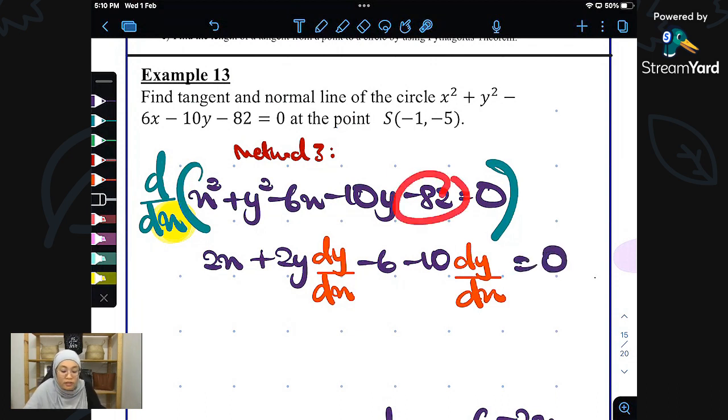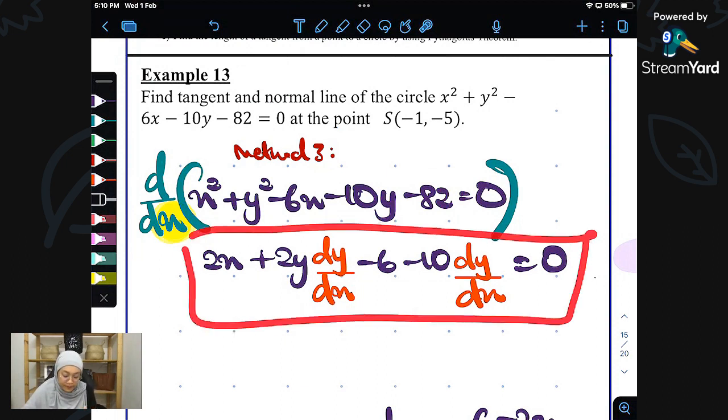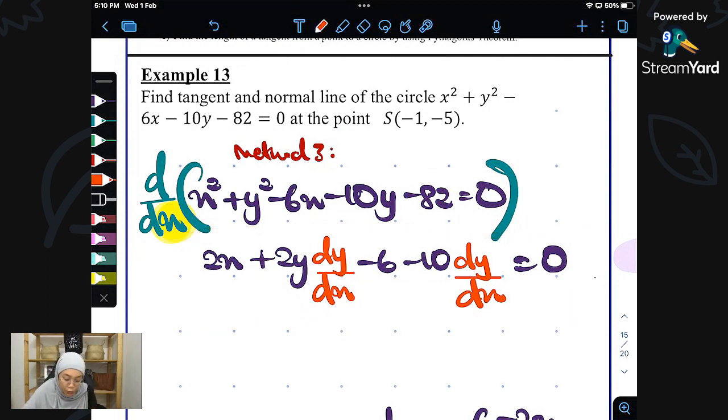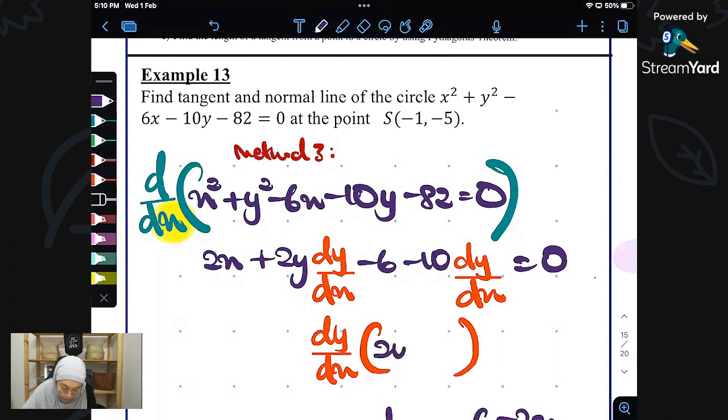Differentiate negative 82 with respect to x. It is 0 anyway, so it's just these things. And then I am going to group the dy dx, so I factorize dy dx. I'll get a group of 2y minus 10.